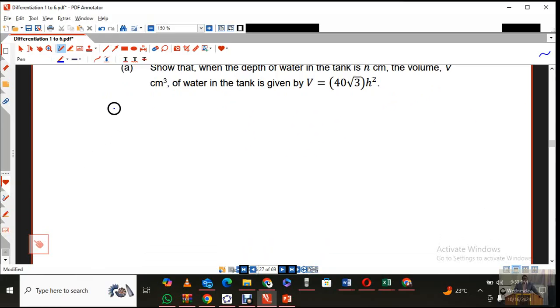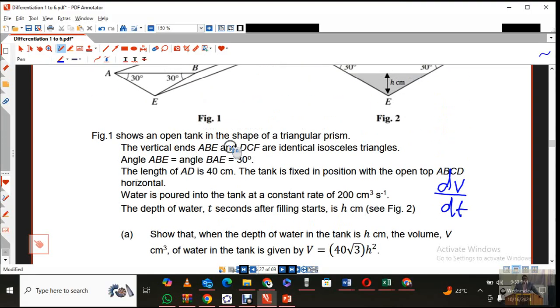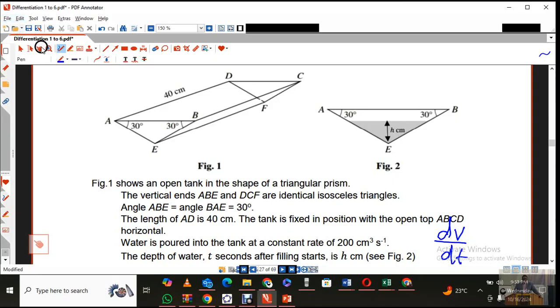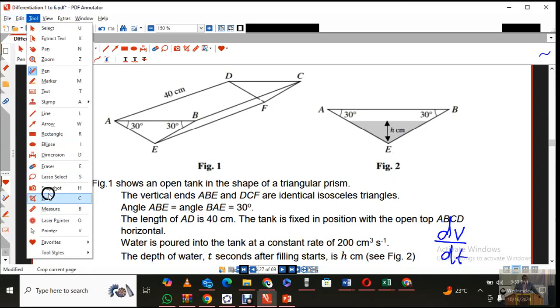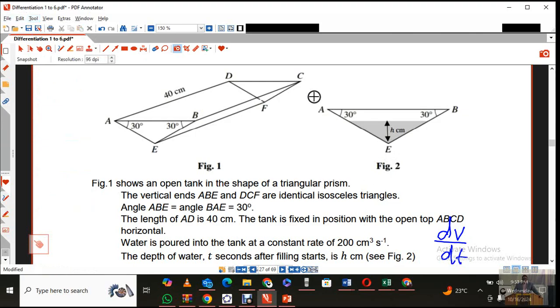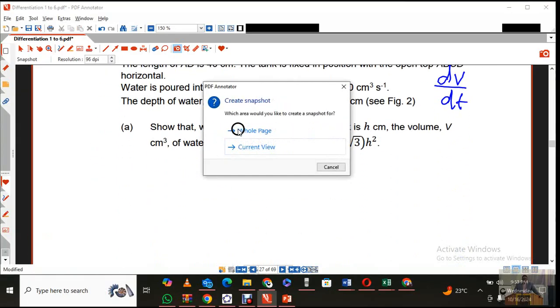So let me just bring in my diagram. Okay, let's see. Just grab the diagram here. Let me snap it. We take this diagram over here and we just bring it down here.